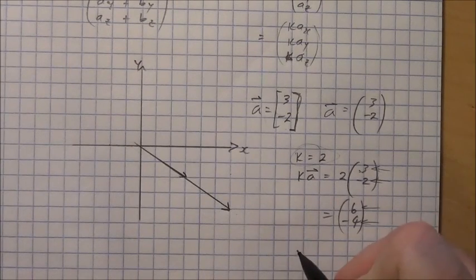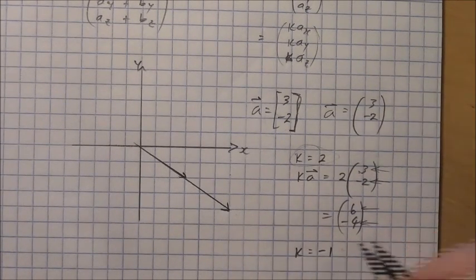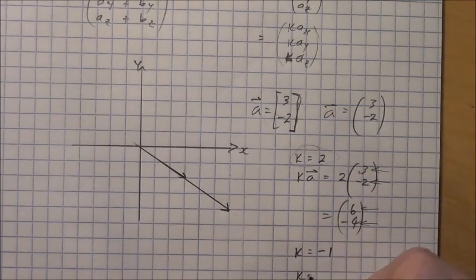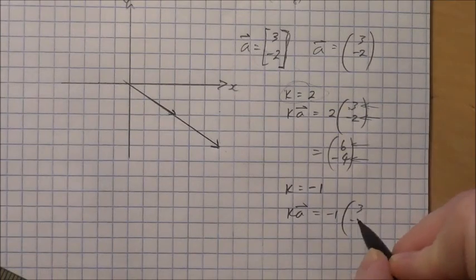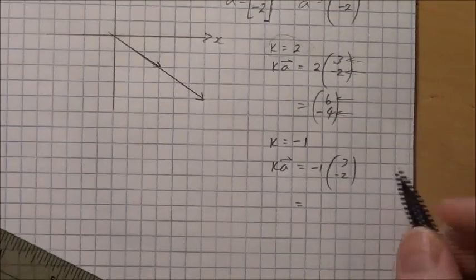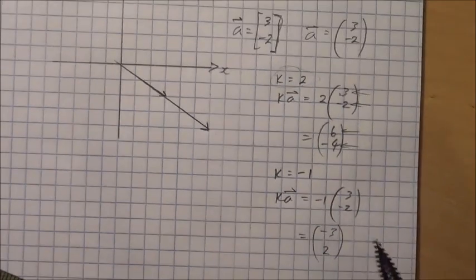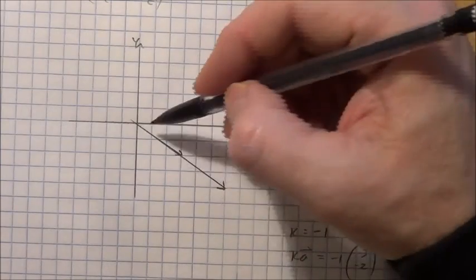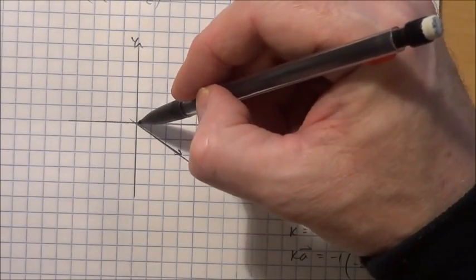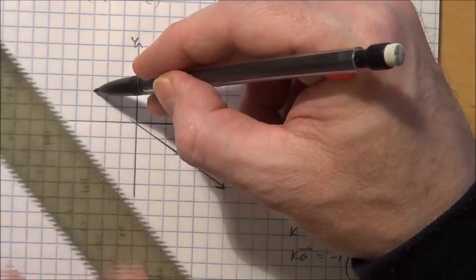We could also multiply by a negative value. Let's just say it's negative 1. So k times vector A would be negative 1 multiplied by (3, negative 2), and that would give us (negative 3, positive 2). If we again start at the origin and go negative 3, so 3 in the negative x direction, we go 1, 2, 3 here, and the positive 2 would be up here.